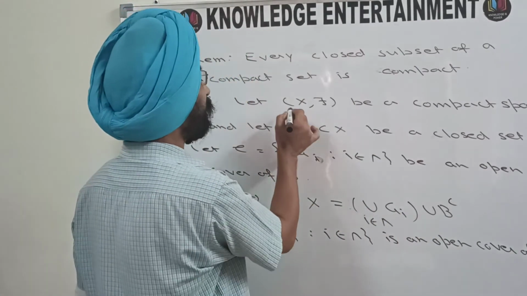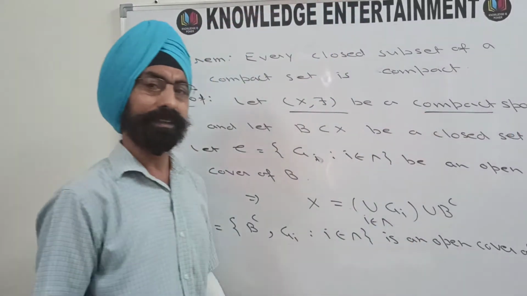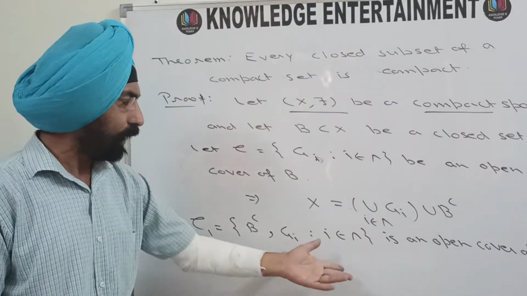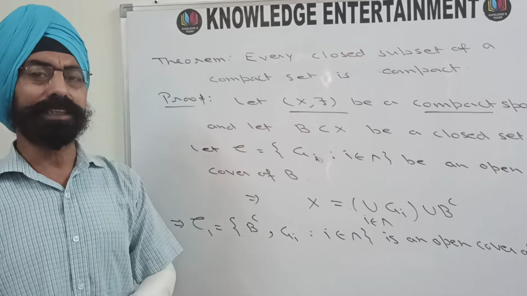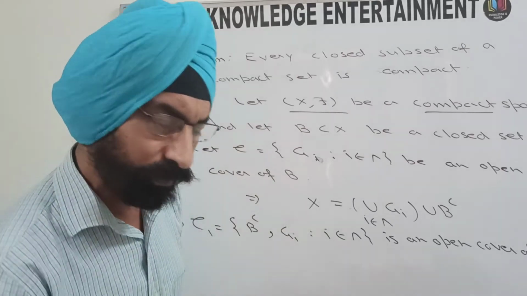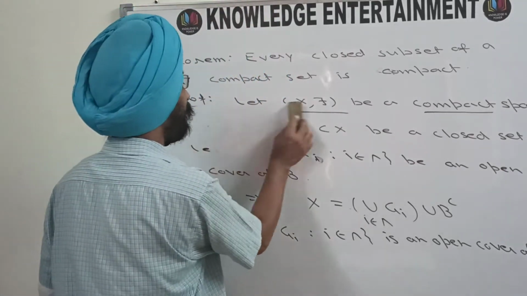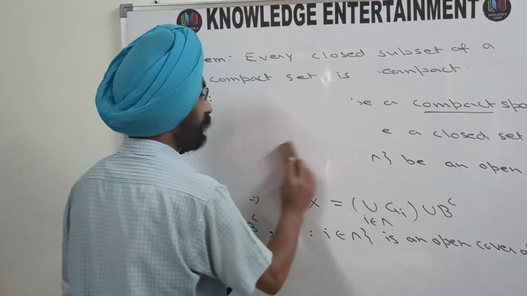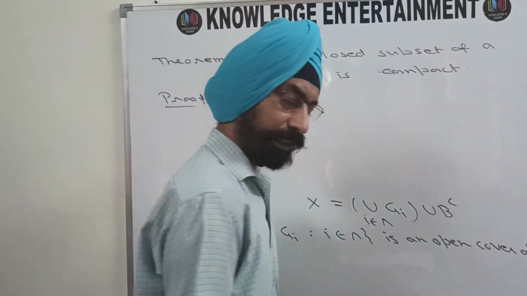Your X is given to be compact. X is compact and you have an open cover of X, so there must be some finite subcover of this cover.